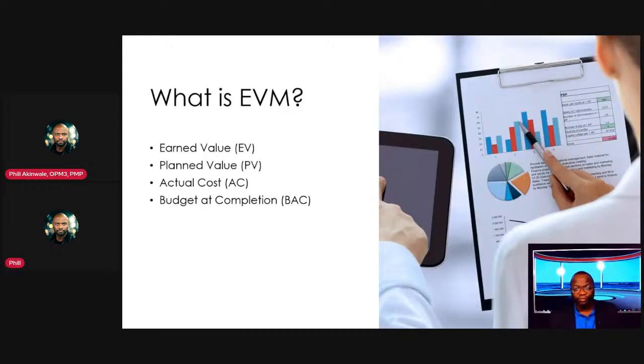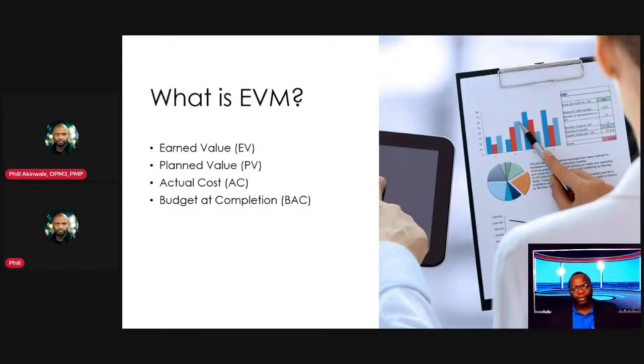What is planned value? Well, if I worked on the project and gained $5 worth of work, the question is, how much work should I have completed within this particular time period? And if you got $5 worth of work done, but you planned to get $6 worth of work done, planned value is, I planned to get $6 worth of work done within this time box.